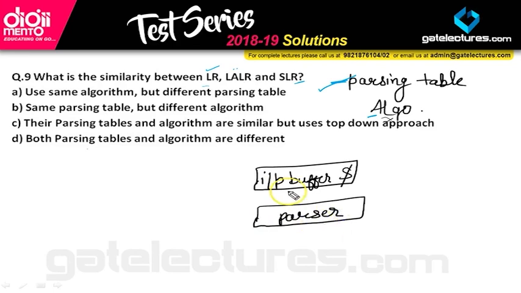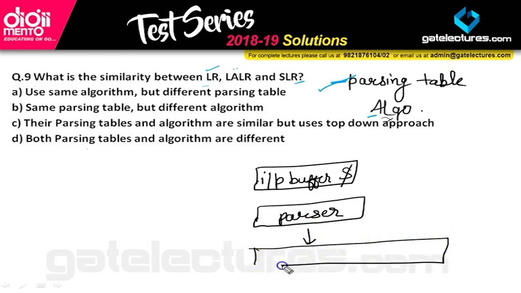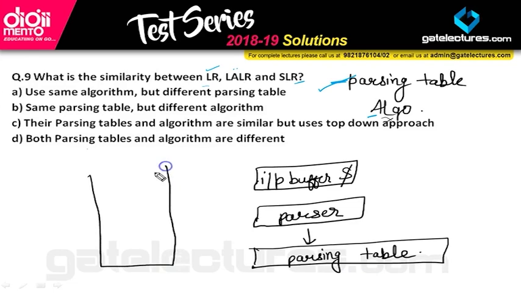This can be any parser, LR, LALR or SLR. Next, on the basis of our parser, we will have the parsing table. So that's why this step is different for all three. We have a different parsing table for all the parsers. And we have a stack.